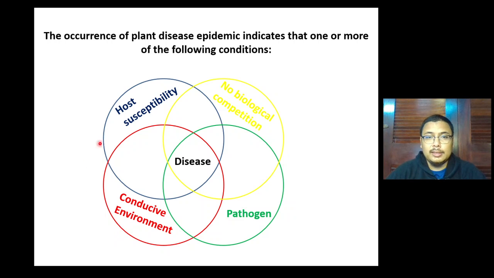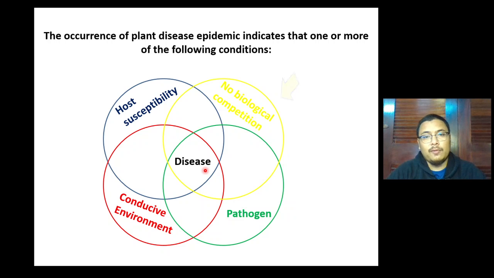Third, the host plant itself is genetically homogeneous, highly susceptible, and continuously or extensively grown in a field or broader area. And finally, there are no biological organisms capable of reducing the population of the pathogen. All these factors, when put together, can cause disease to the plant or the crop.